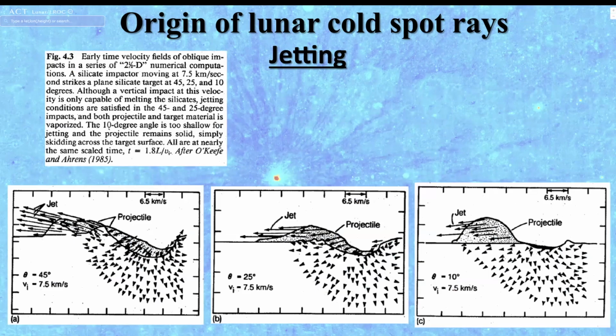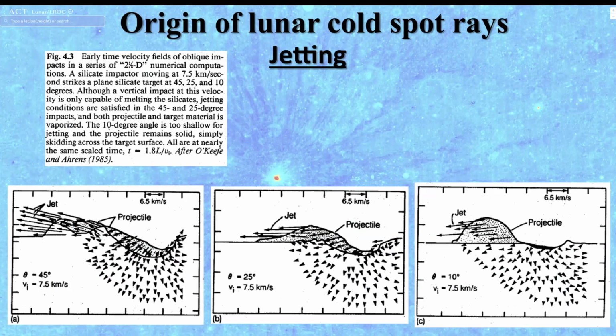So here's a diagram from Melosh '89 showing jets on the left-hand side of each of these three diagrams. Each one of these is modeled at the same velocity, 6.5 kilometers a second. The only variation is the impact angle: 10 degrees, 25, and 45.